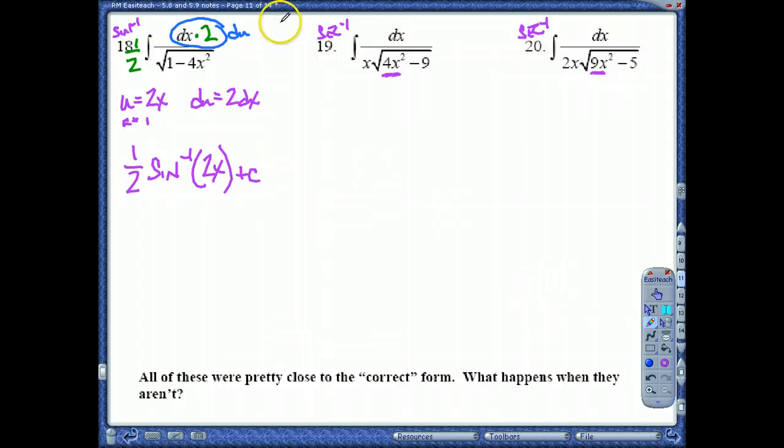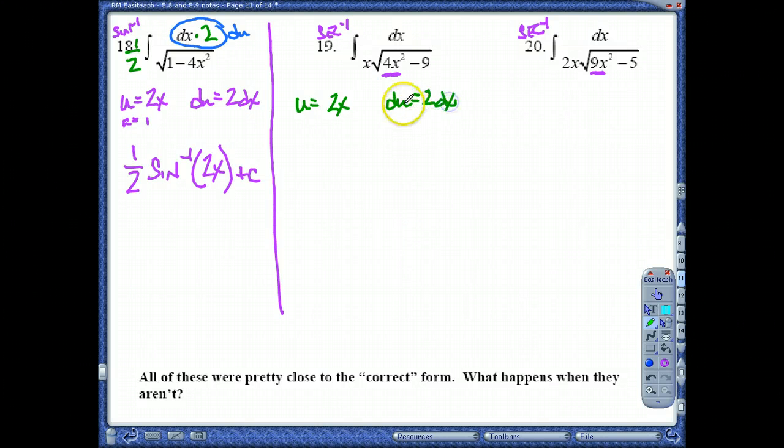All right, so let's look at our next one. We know it's secant. Let's do green. When I'm looking at that, u squared is 4x squared, so u is 2x, and then du is 2dx. I don't have my 2, so I'm going to put my 2 in there.